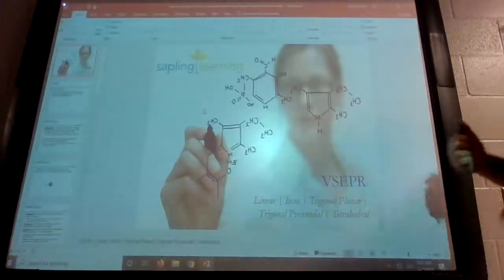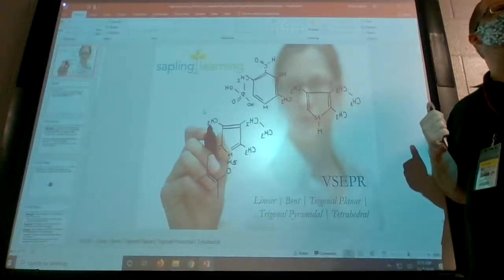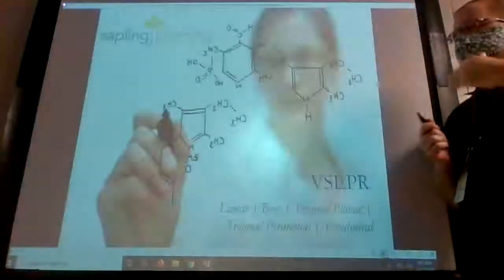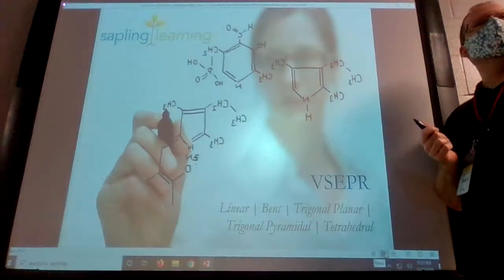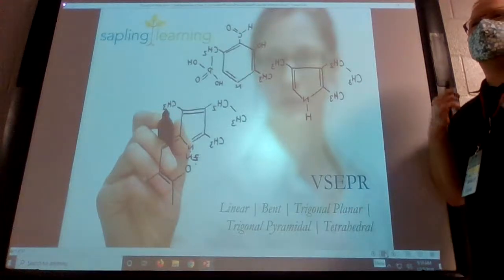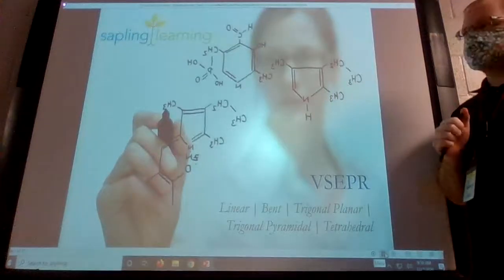And basically, this is the system for which we figure out what the shape of these molecules are, because the shape of molecules is very, very important. Y'all kind of learned this through biology. We talked about the shapes of different molecules and how you have receptors that accept those shapes. It works the same way in chemistry.